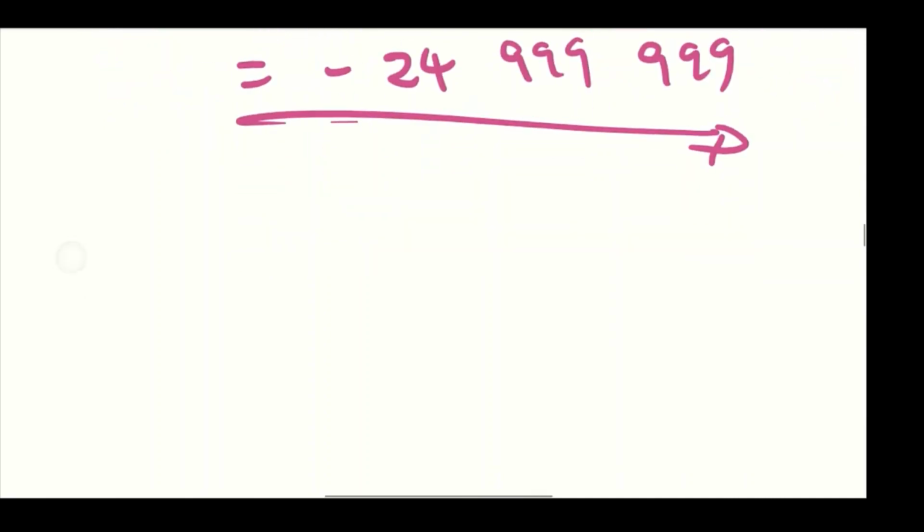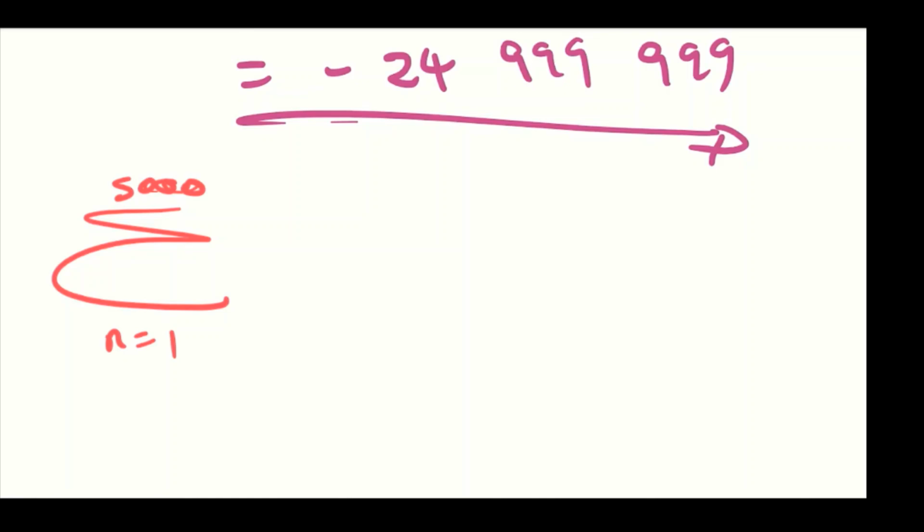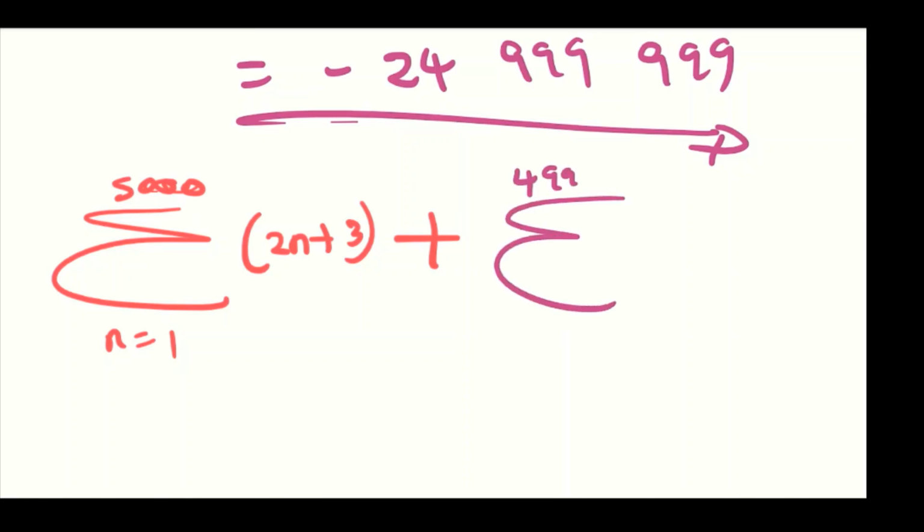So remember that we had an expression and we were asked to calculate the sum of 5,000 on top, n equals 1, of 2n plus 3, plus the sum of 4999, n equals 1, of minus 2n minus 1.